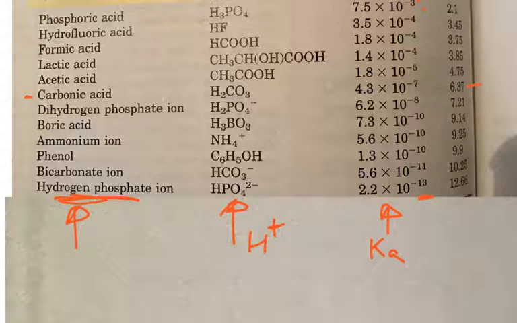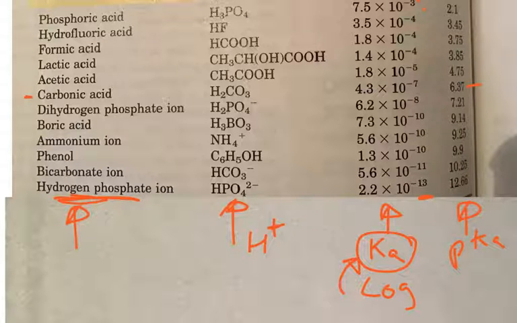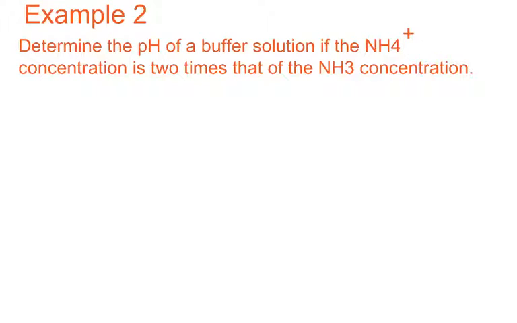So once again, these values of Ka tell you to what extent H plus is released. And these values here are called the pKa values, and they're obtained by taking the log of the Ka values. Alrighty.